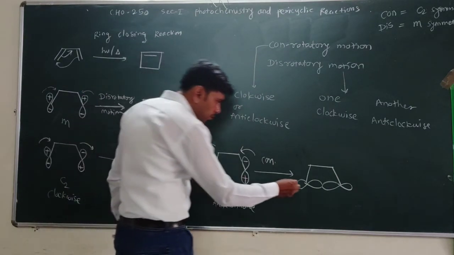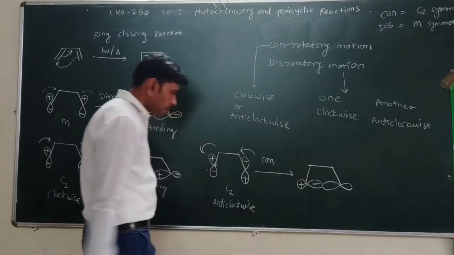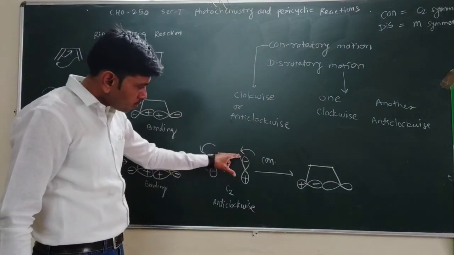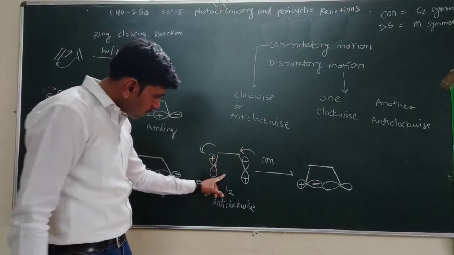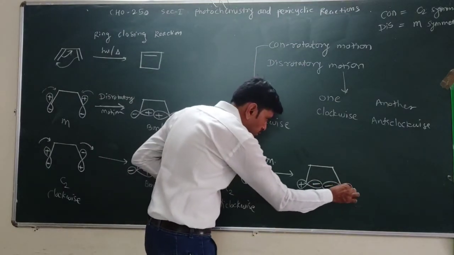Rotated anti-clockwise means the plus sign goes here, negative sign here. When the second orbital is rotated anti-clockwise, the negative sign goes here and the positive sign goes here.